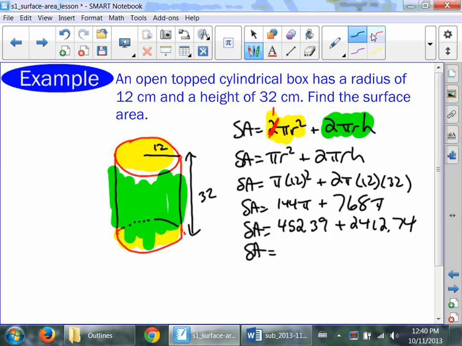Adding these together, we get 2,865.13 centimeters squared. That's the surface area of the open-topped cylindrical box.